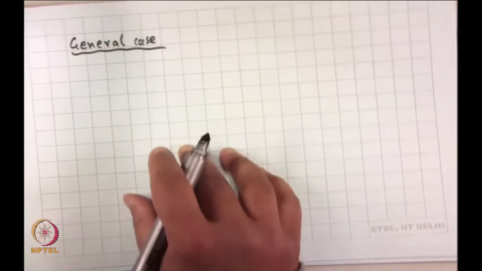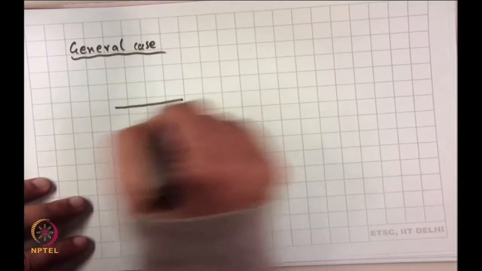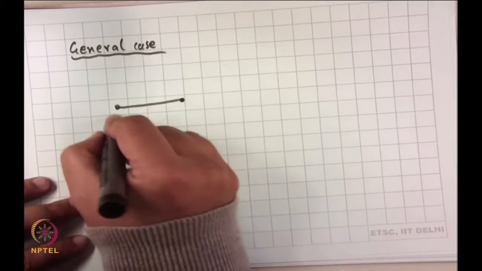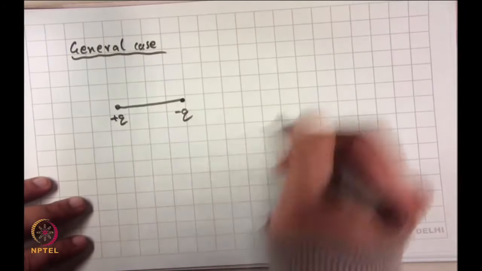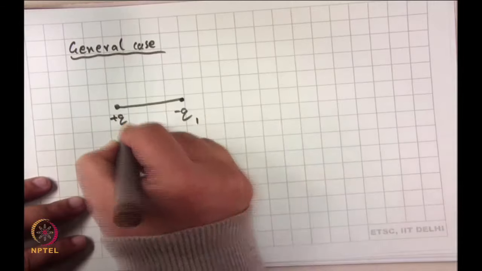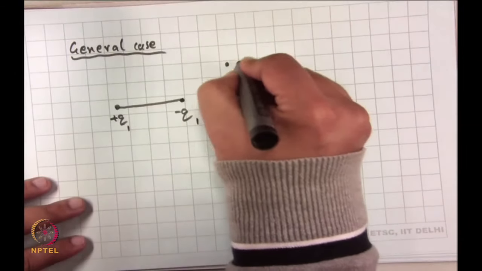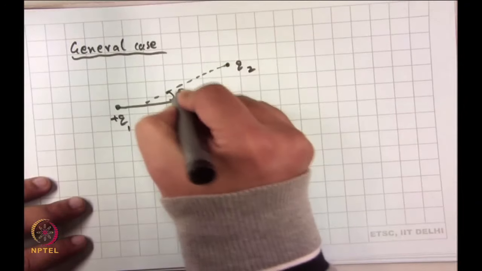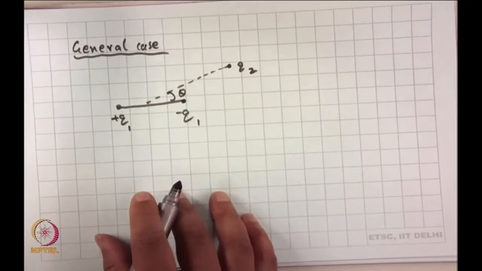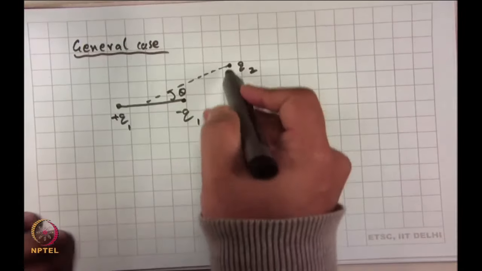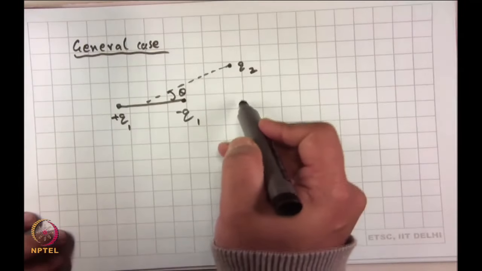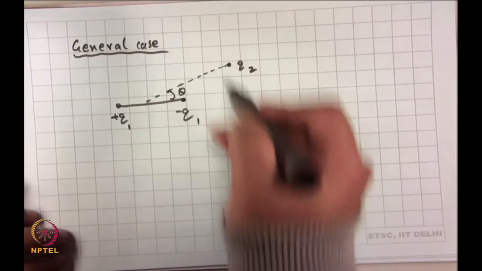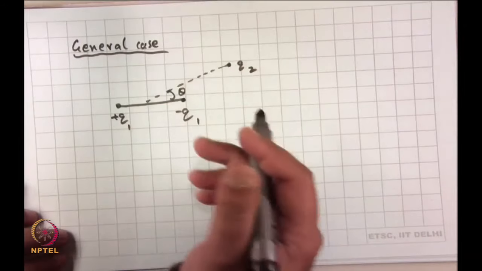What I am going to have is a dipole like this, plus q, minus q, and I can have a charge out here which is q2, at a certain angle theta with the dipole. This is the most general case. Why? Because if this q2 comes here, that means collinear, then theta is equal to what? 0, right? Because it is a special case of this one. There is no angle between these two.